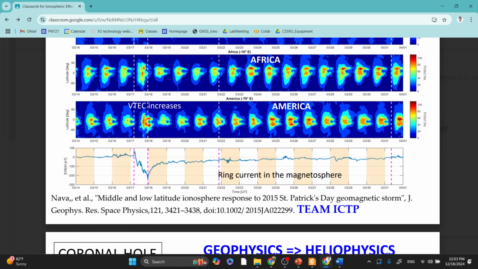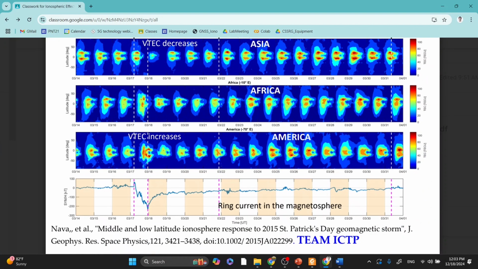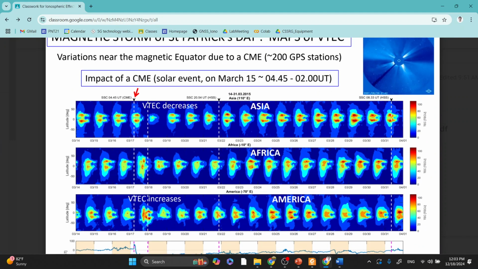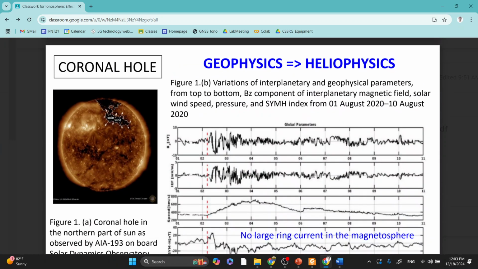Yeah, and then during the active phase and the recovery phase, you start to see a slow increase of magnetic field values. In fact, this is also related to the ring current in the magnetosphere. So some people study the impact of the start of the storm, which is called CME, and see how the TEC or electron density changes during this time. Okay, so this is very typical, right? How you merge them together.